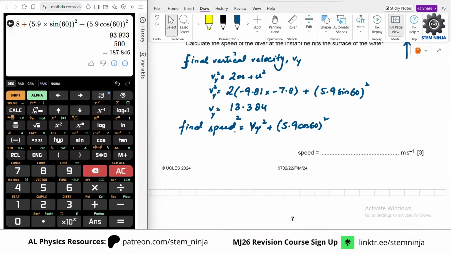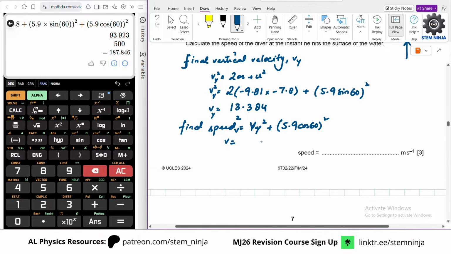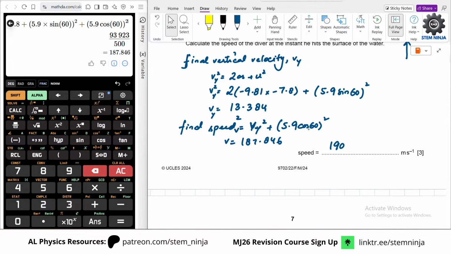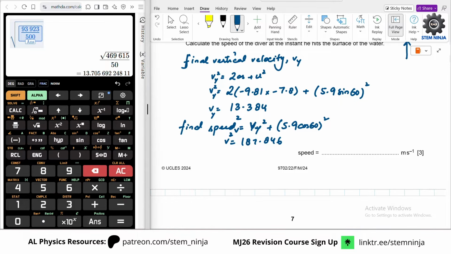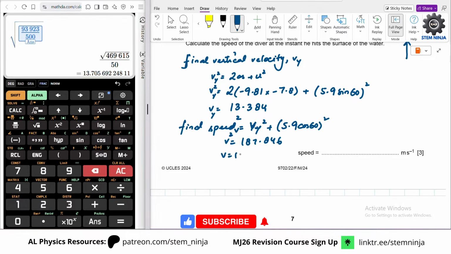Right, okay, so final speed V would be equal to 187.846. Sorry, no, this was the squared. We need to square root this finally, 13.75. So therefore the V would be 13.7, so let's call it 14.